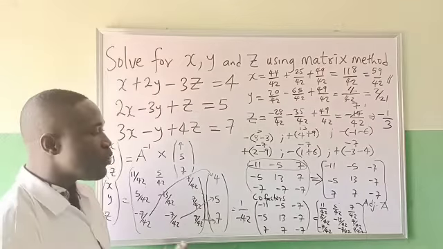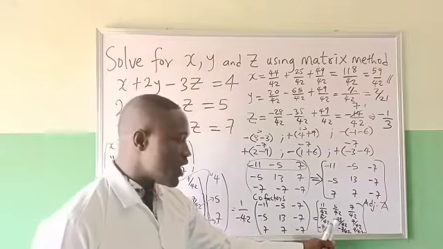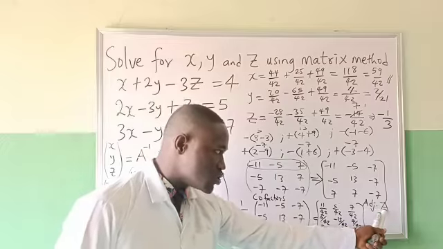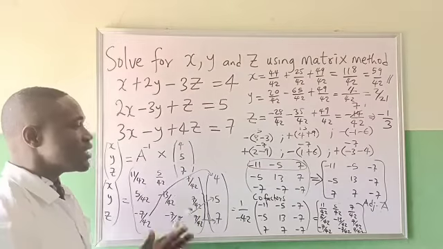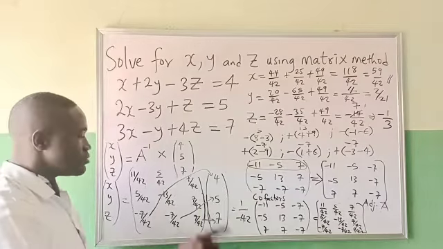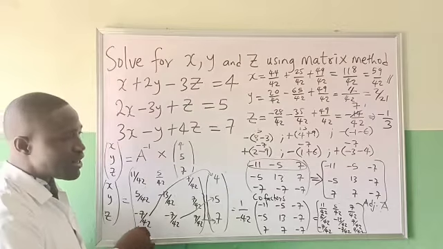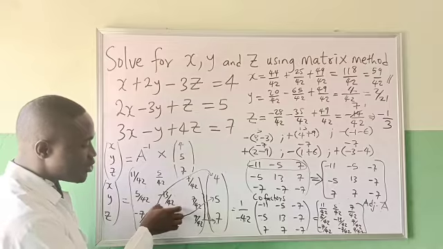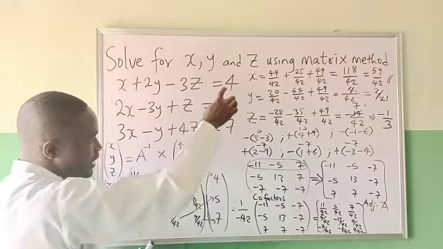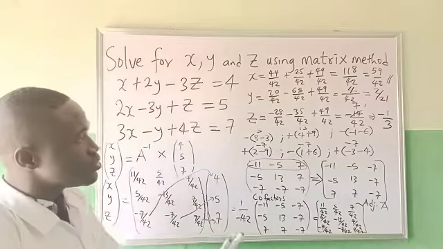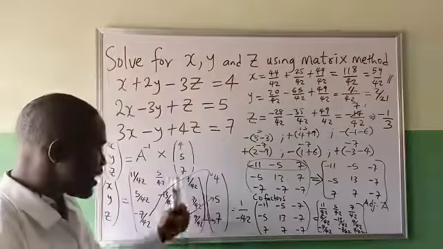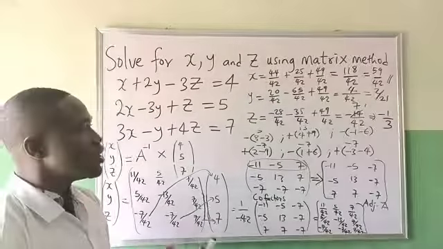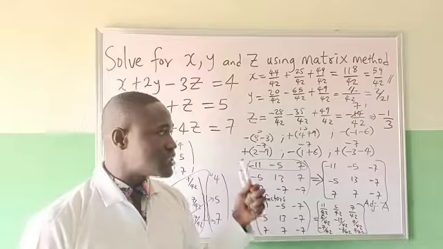Then transpose your cofactors to finally get your adjoint. So get the determinant, get the adjoint, multiply inverse of the determinant by the adjoint. After multiplying it, the answer you get, use it to multiply the constant. Whatever it gives you, while following this pattern, using this arrow, is your answer. So that is how to solve it.